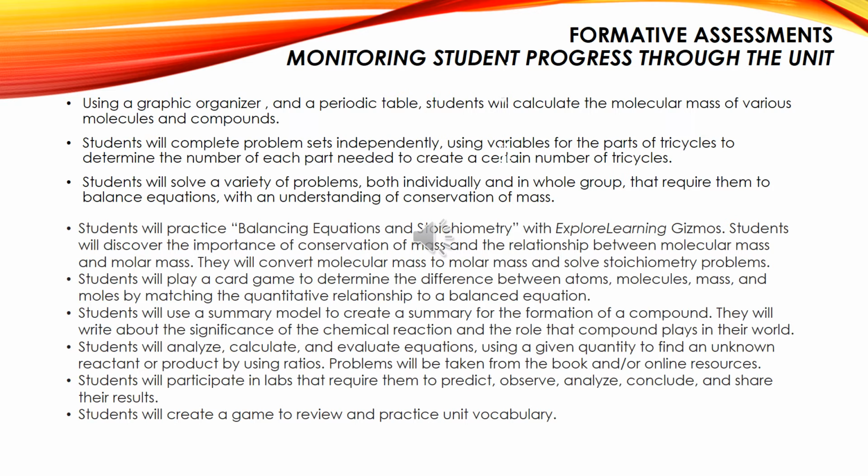They will use a summary model to create a summary for the formation of a compound, analyze, calculate, and evaluate equations, and participate in labs that require them to predict, observe, analyze, conclude, and share their results. Students will create a game to review and practice unit vocabulary.